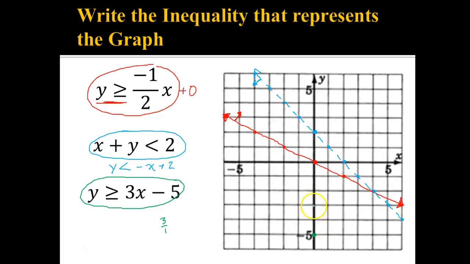So we go up 3 and over 1 to get to our next point, up 3 over 1. And that's going to be a bear to freehand in my straight line here, but we'll do the best we can. This is also an equal to situation, so we're going to do a solid line here.